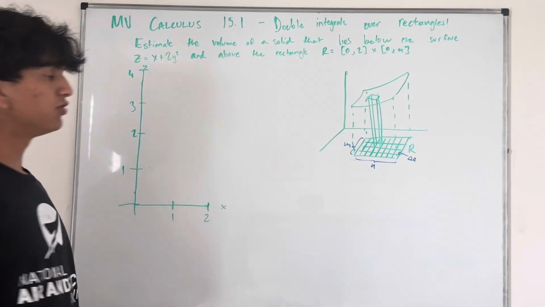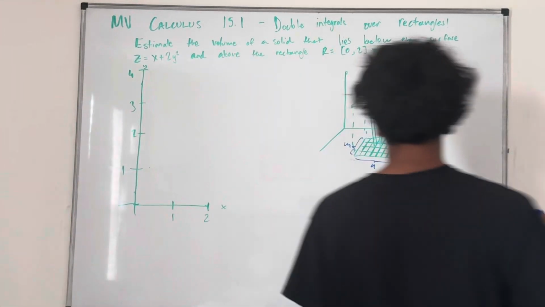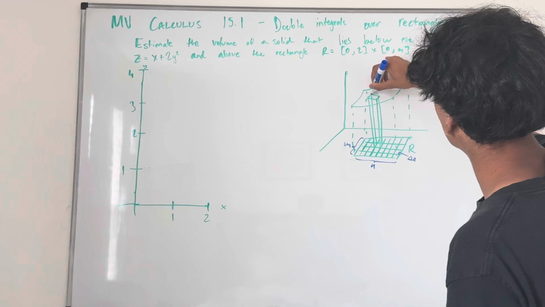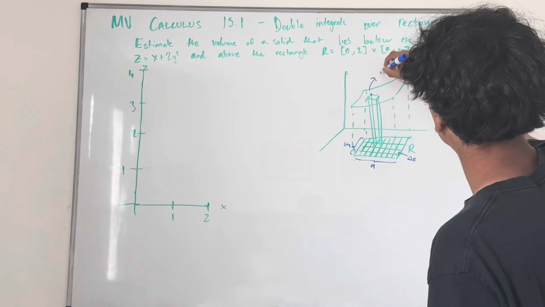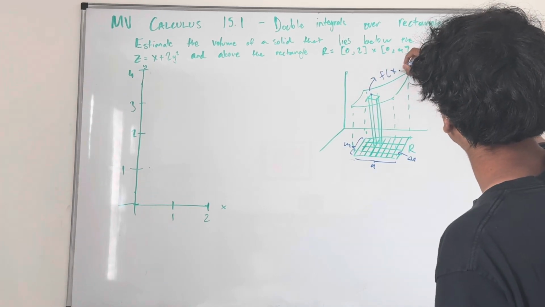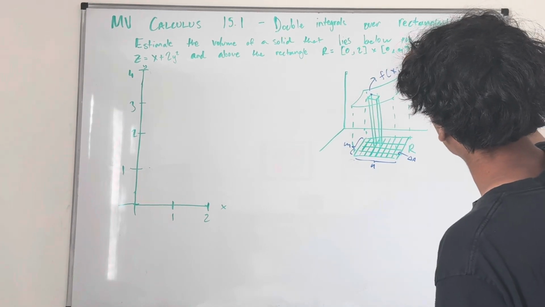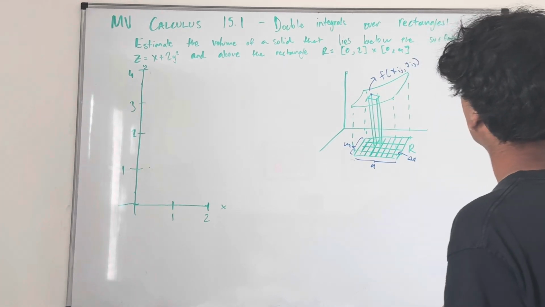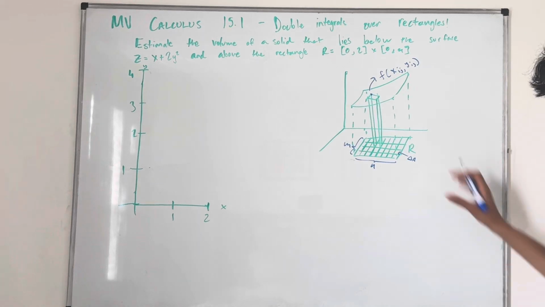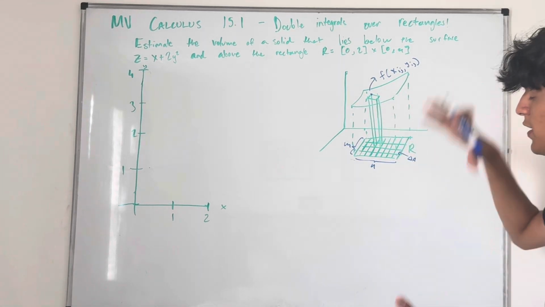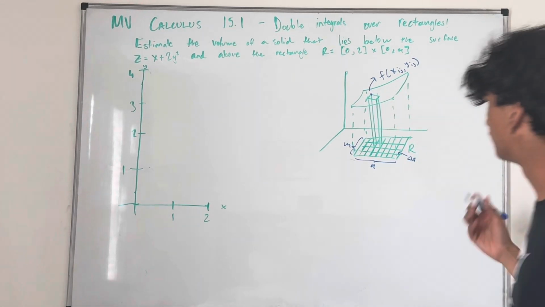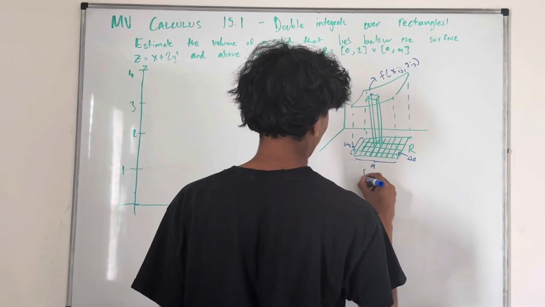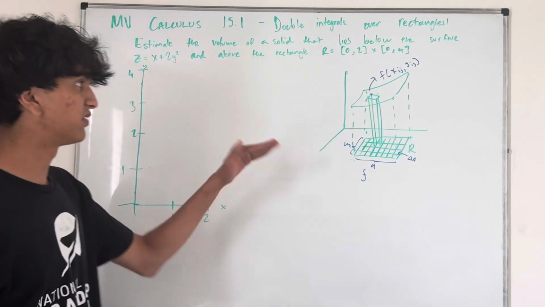Then what we could do is pick a point on this surface. We can call it f of x_ij, y_ij. And the volume of this small rectangular prism will just equal whatever that function value is, because remember, the function value gives us the height.